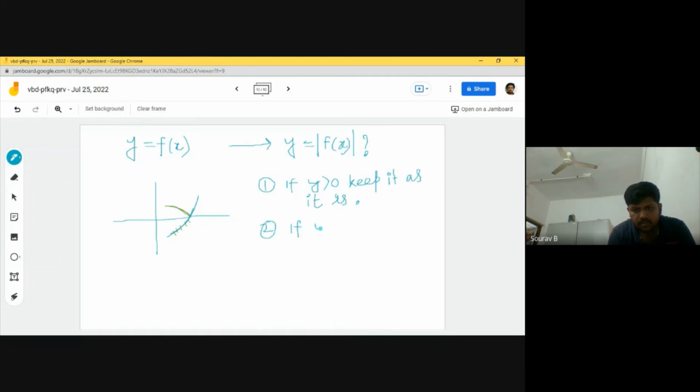If y less than 0, take an image of this portion with respect to the x-axis.